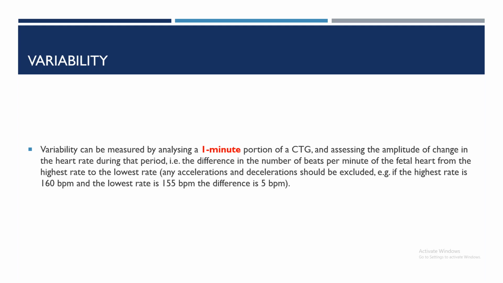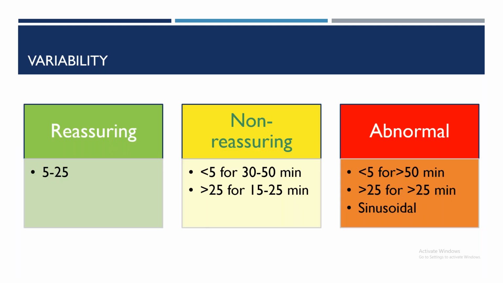So what is normal and abnormal? Remember that each individual feature is always classified into reassuring, non-reassuring, and abnormal. So reassuring variability is 5 to 25. And for abnormal, the easiest way to remember is 5 for 50 and 25 for 25.